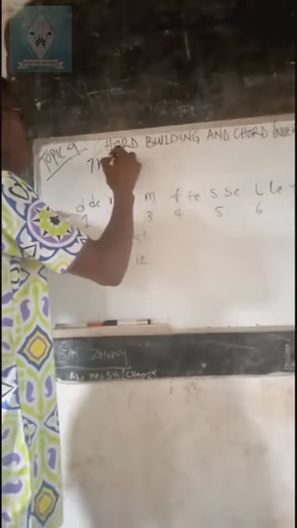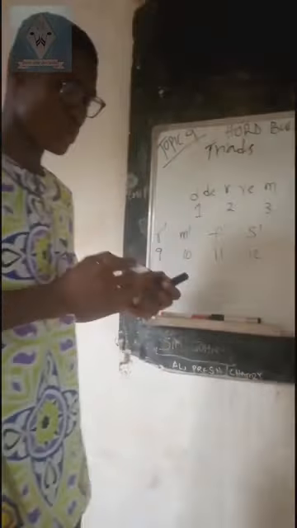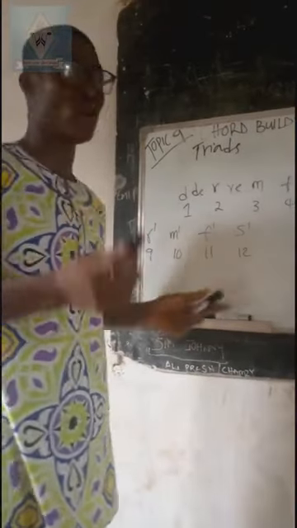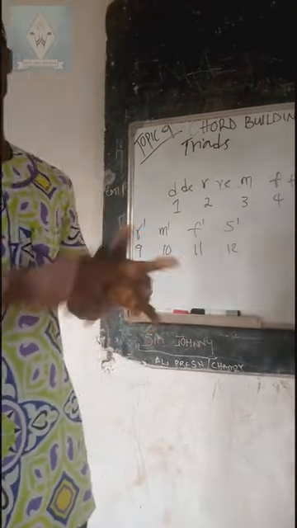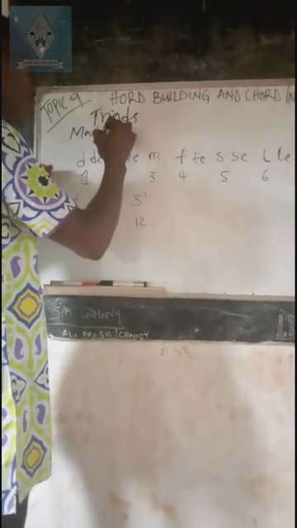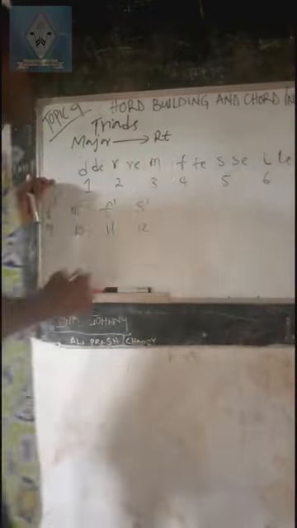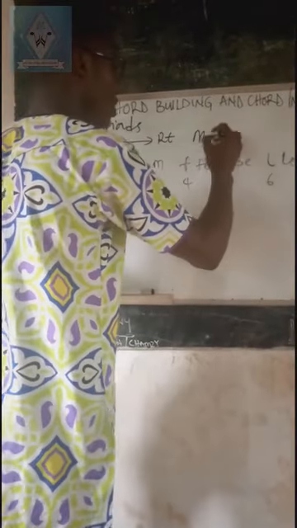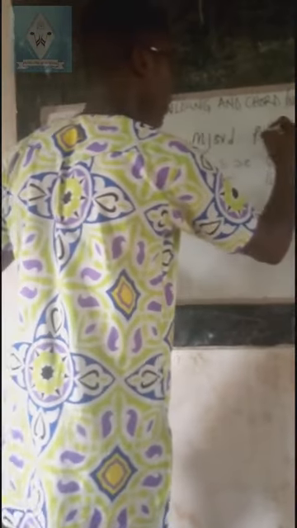Now for triads, which is a chord of 3 notes. There are various types of triads. We have major triads, minor triads, augmented triads, and diminished triads. Now for major triads, a major triad consists of a root, a major third, and a perfect fifth.